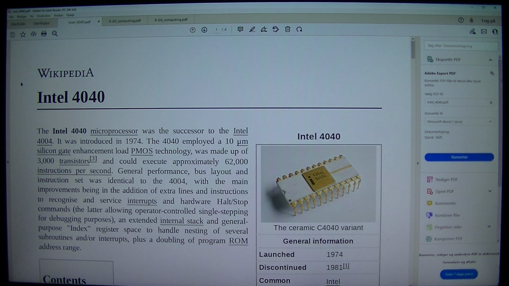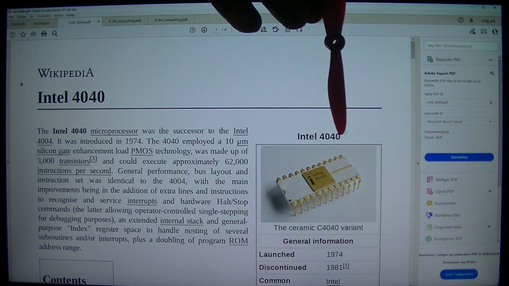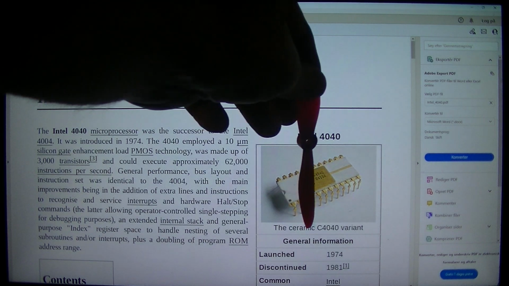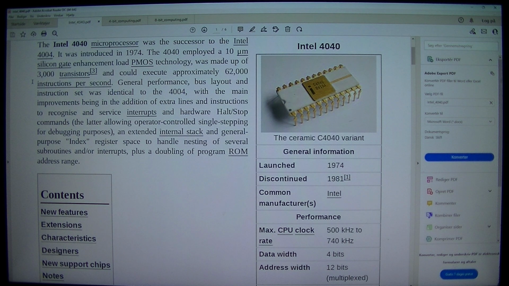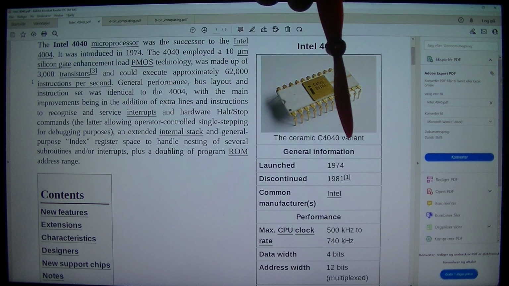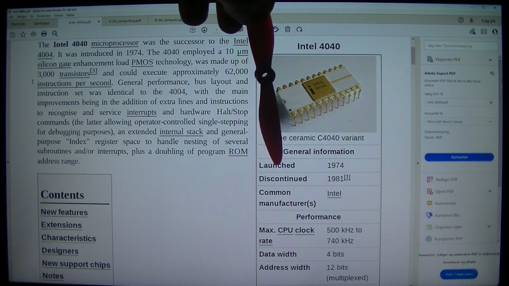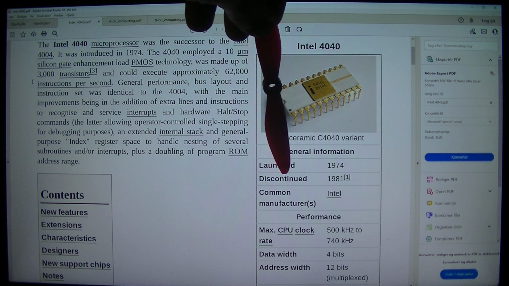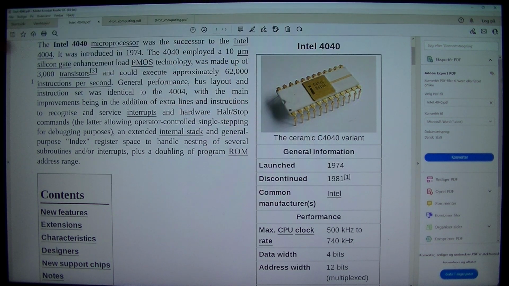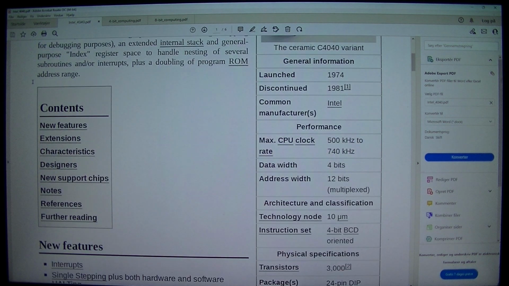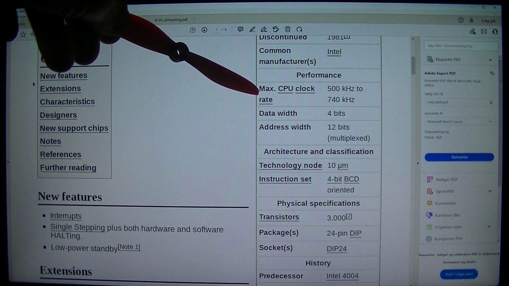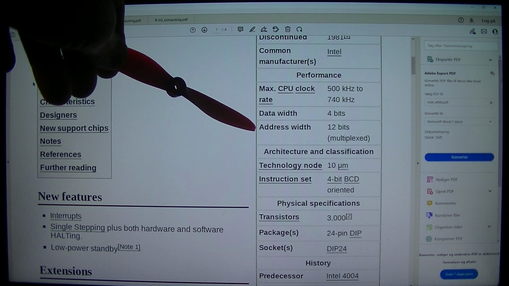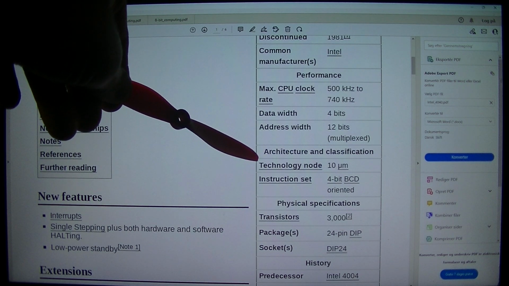Intel 4040. C4040.jpg. The ceramic C4040 variant. General information: launched 1974, discontinued 1981. Common manufacturer: Intel. Performance: max CPU clock rate 500 kHz to 740 kHz, data width 4 bits, address width 12 bits, multiplexed.